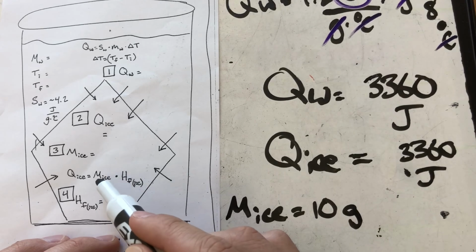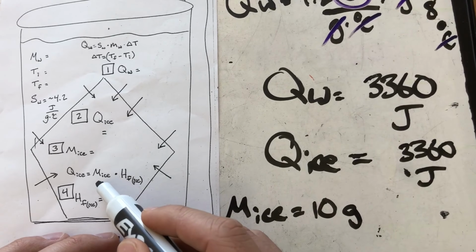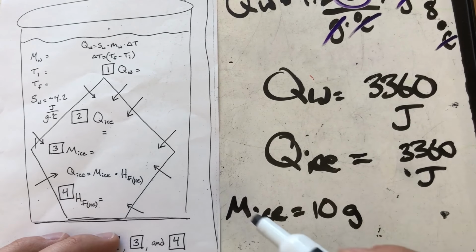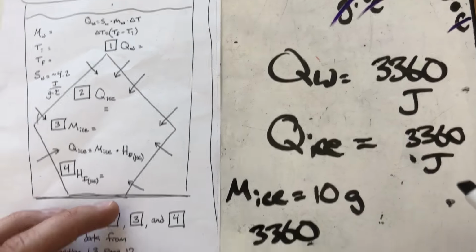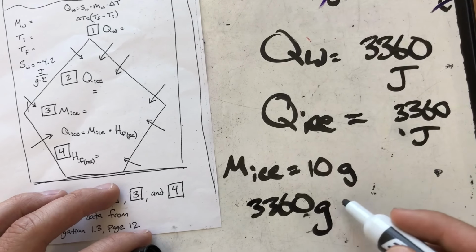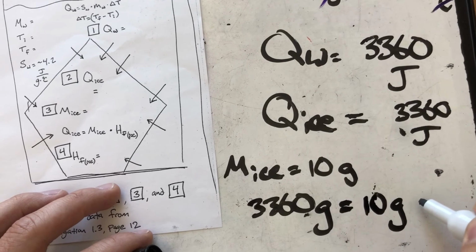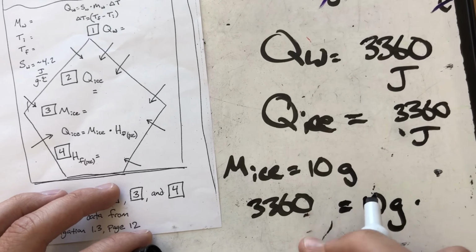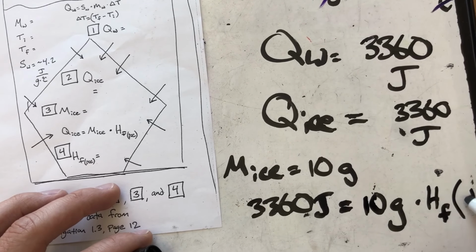If you have more ice, it'll take more energy overall, and if you have less ice by grams, it'll take less energy. So here we have 3360 joules equals 10 grams times our heat of fusion in units of joules per gram.